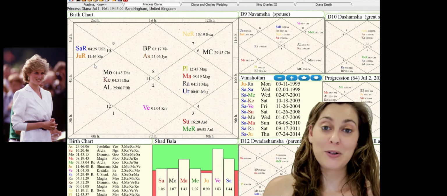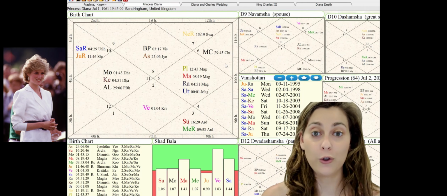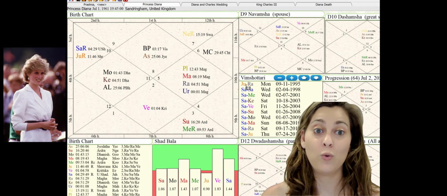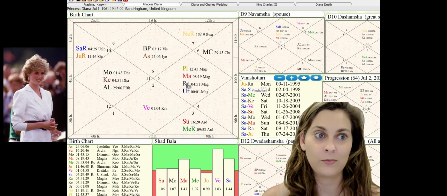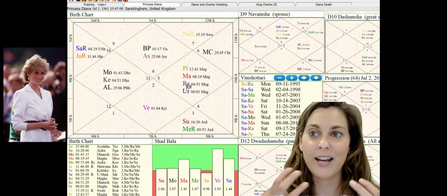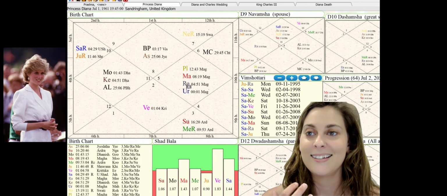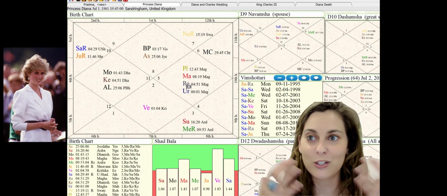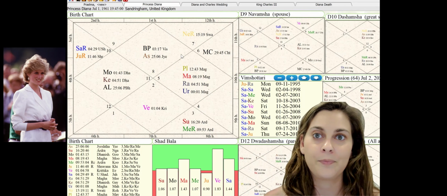She was in her Jupiter Mahadasha time period, and Rahu was the sub period. Rahu is her soul planet in Magha in her 10th house of public reputation. It activated her vitality, her willpower. It was a return, like it was literally, you just can't make this up, written in the sky.